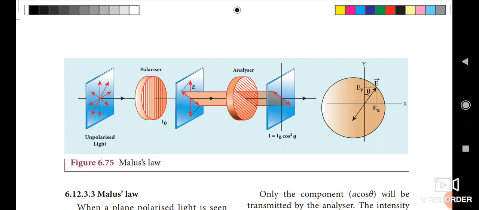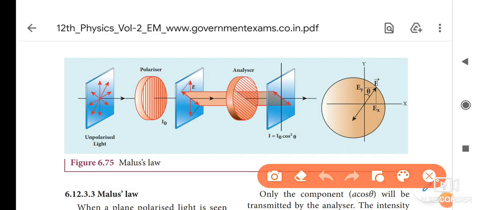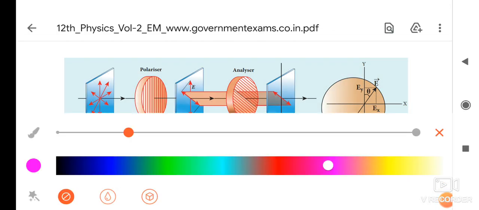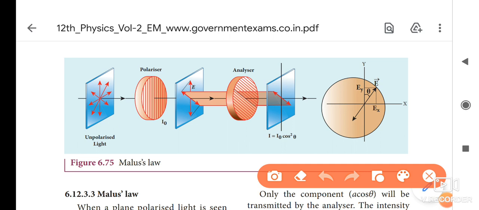So that light intensity is taken as I naught, that is, the polarized light intensity is taken as I naught. Now that polarized light is allowed to pass through the analyzer, but here the analyzer is tilted. Okay, the analyzer is tilted to 90 degree.